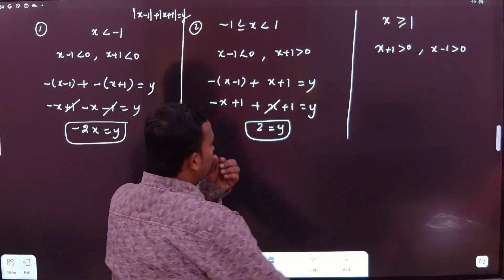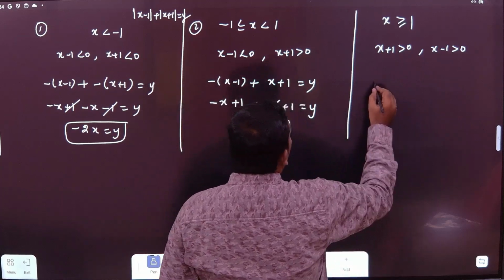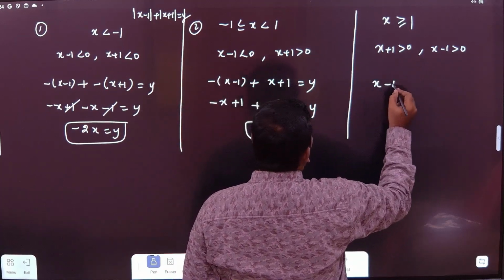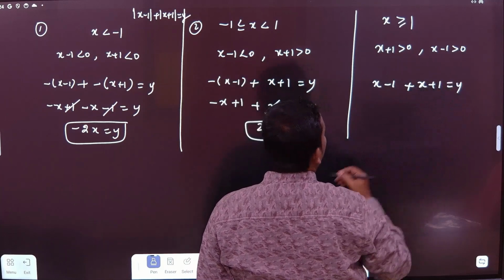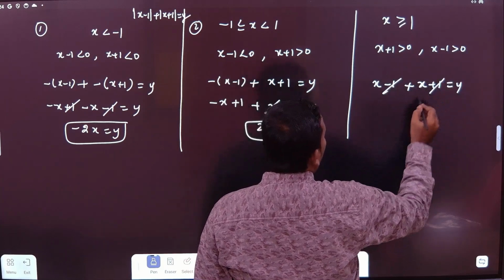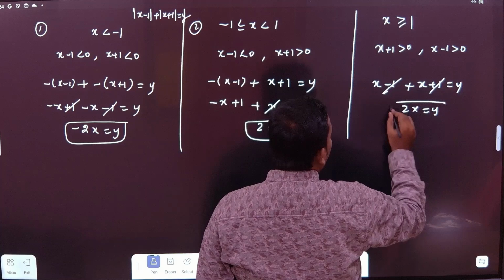Next, both are positive. Therefore mod x minus 1 will be x minus 1 and mod x plus 1 will be x plus 1, equal to y. So minus 1 plus 1 cancel, 2x equals y.